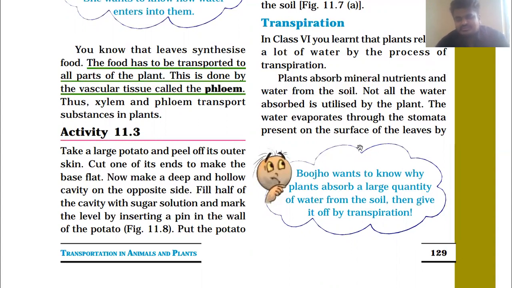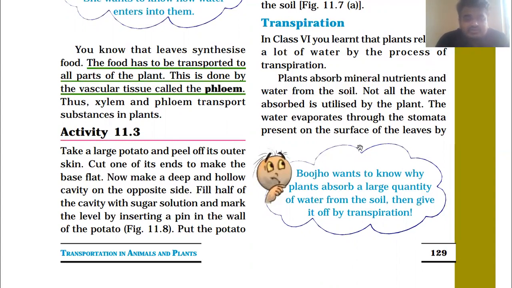Because it's quite obvious that all the water and minerals are not used by the plants. So what about the rest of the water? Let's discuss it. Before transpiration, let's discuss activity 11.3.